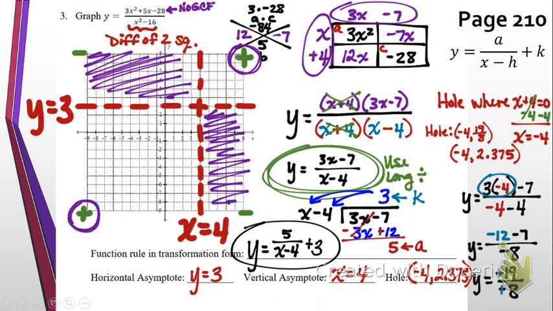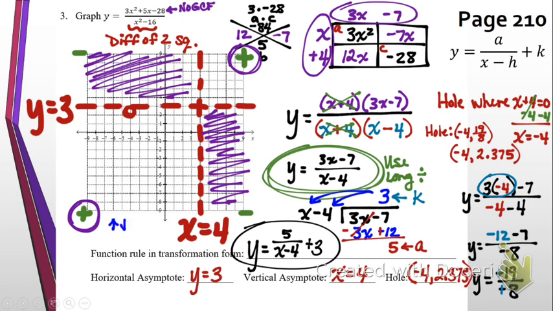I need to get the hole on here. The x part of the ordered pair is at negative 4, and then it's about right here. It's going to be in between 2 and 3. Then we're going to use our a value of 5.